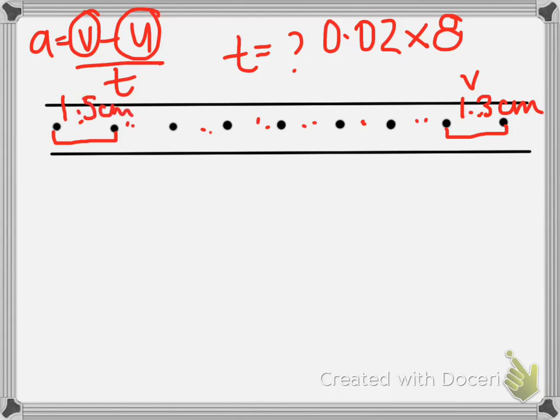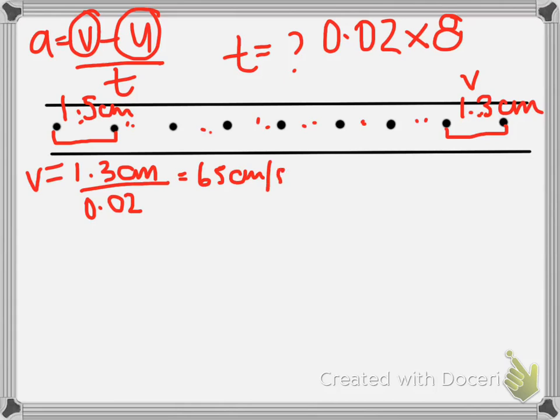First of all, you've got to calculate your V and your U. So V is equal to 1.3 centimeters divided by 0.02, which gives you 65 centimeters per second. So that's the velocity or the speed that the object was traveling at this point in time.